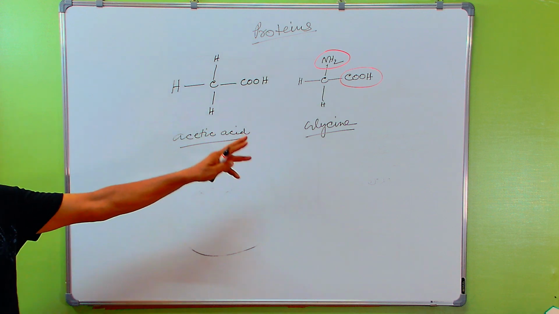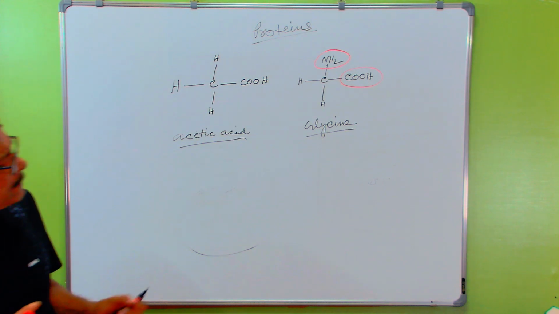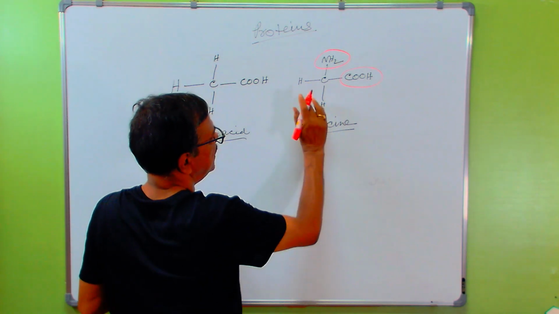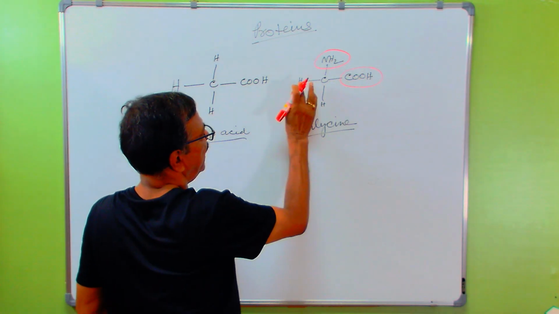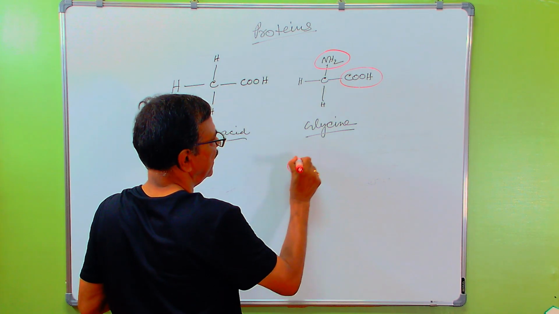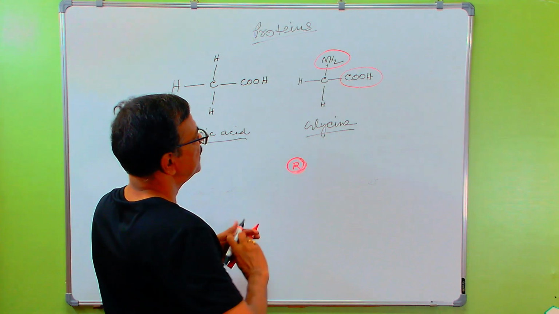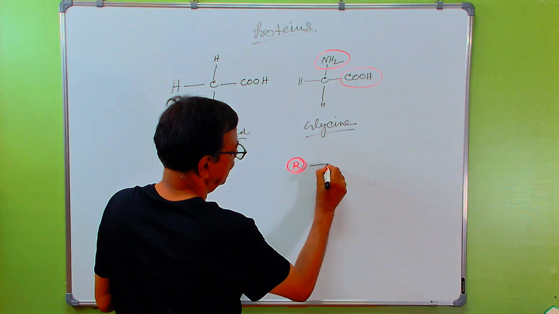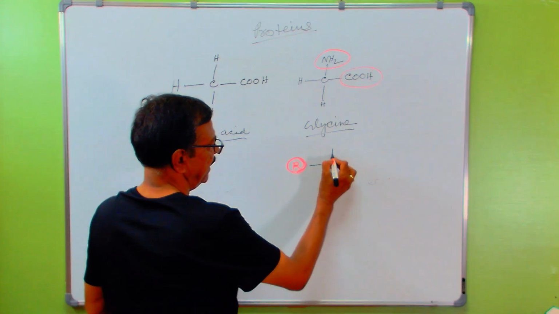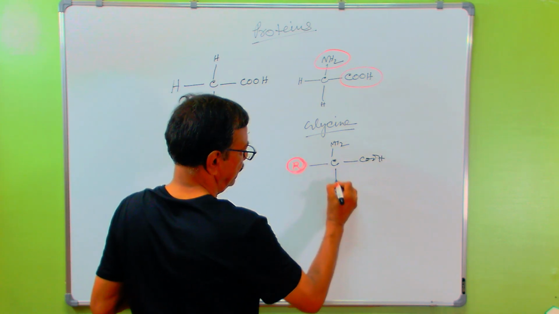There are 20 amino acids like this, 20 types of amino acids. In the general formula, there is this amino group, this group, and a side chain R. R is a side chain attached to a carbon atom, and there is an NH2 group and a COOH group.